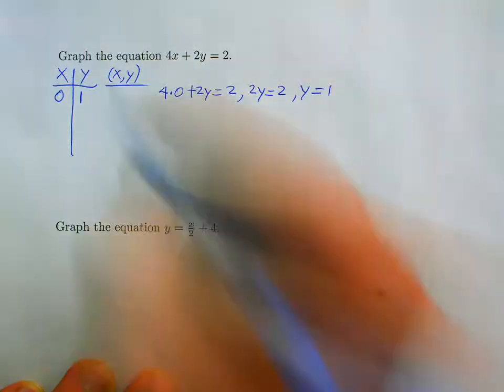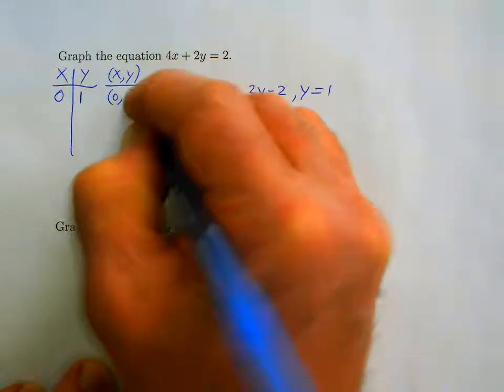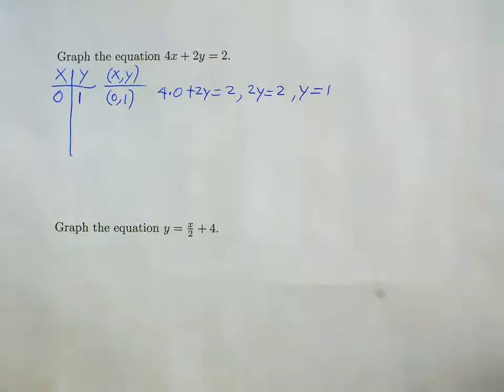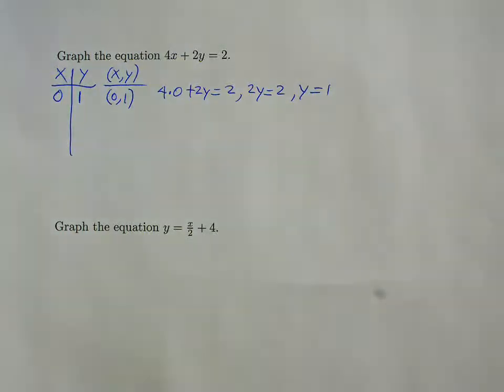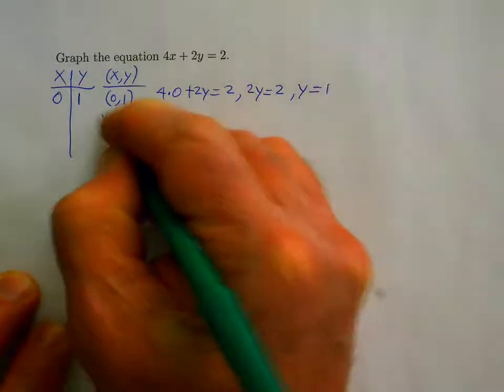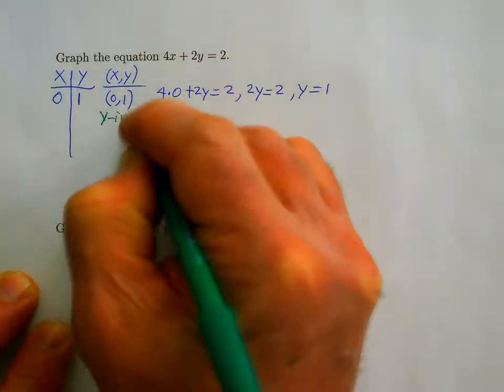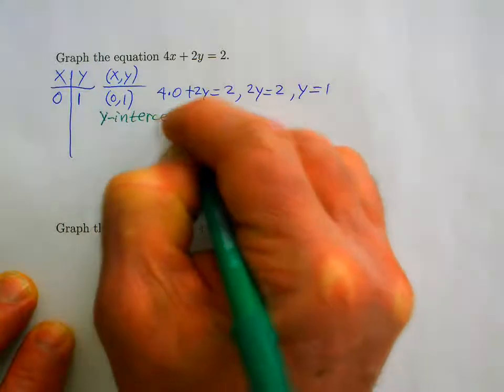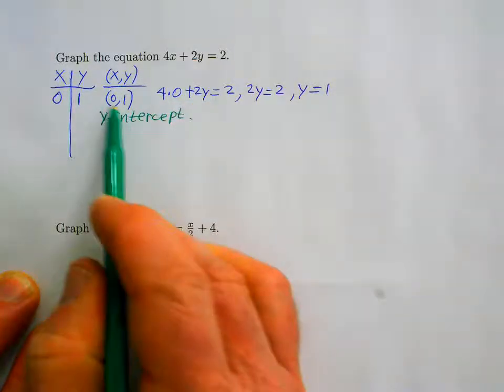So what is the ordered pair 0, 1? What's the name for that? The name for that point on the graph is the y-intercept, because the x-coordinate is 0. So this is the y-intercept, because every y-intercept has an x-coordinate of 0.